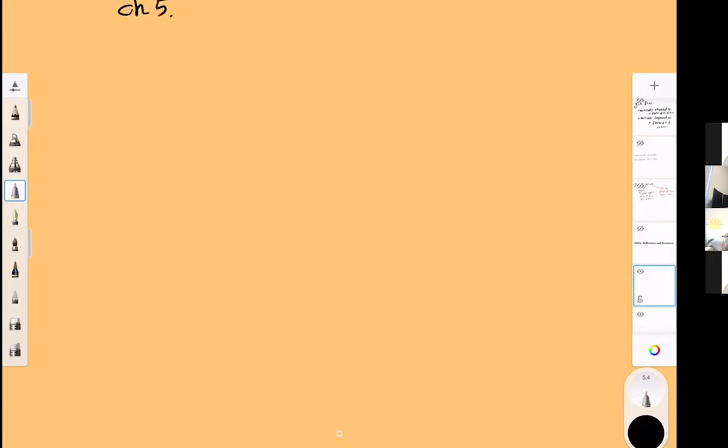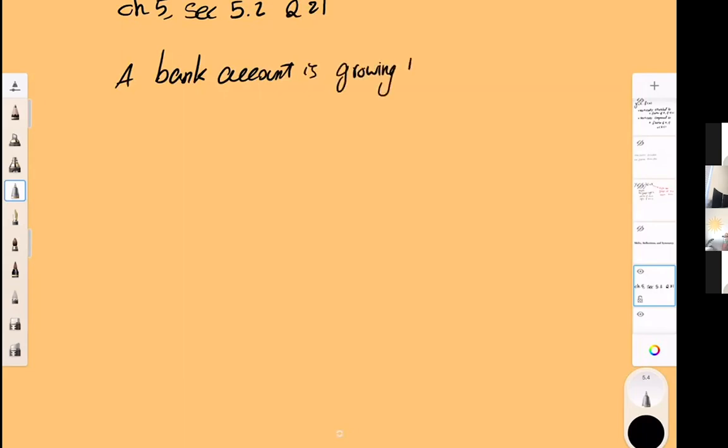Chapter 5, section 5.2, question 21. They're saying a bank account is growing by 2.5% per year.